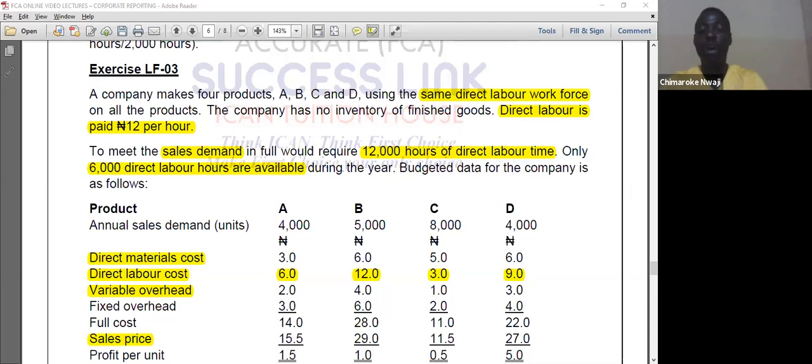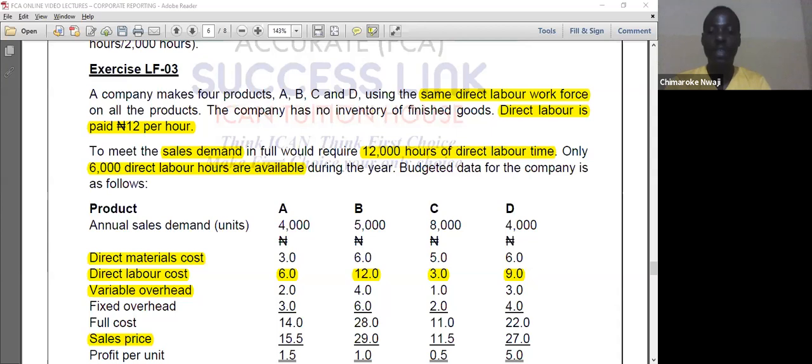So you do all this and you keep track of how many you've done so that you are using up your resources and you make sure that you're not going to exceed your 6,000 hours available. Now that's it.